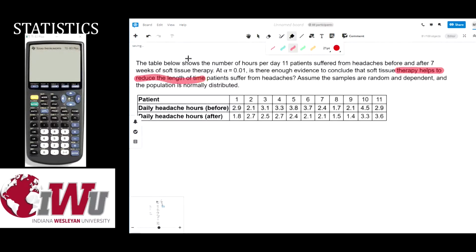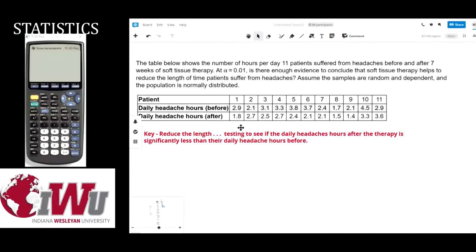So there's our claim: reduce the length of time. That's going to be our claim. Like we said, the key was to reduce the length. So we're going to test to see if the daily headache hours after the therapy is significantly less than their daily headache hours before.